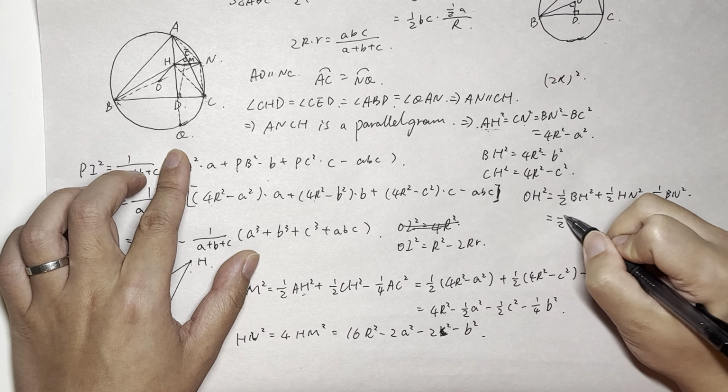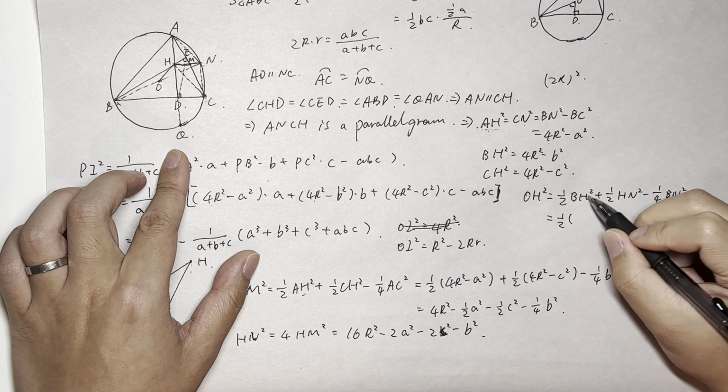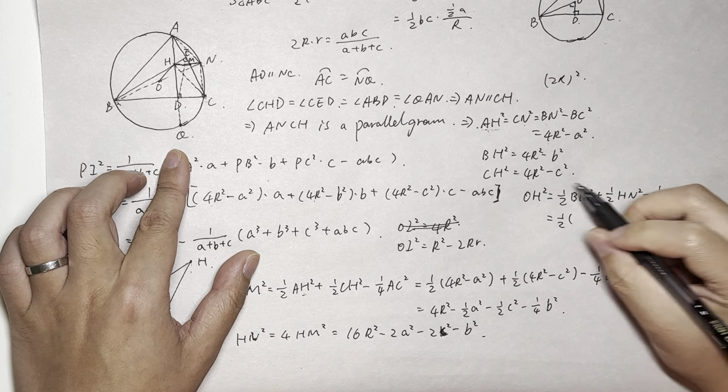Equals 2 half of, what is BH squared? That's 4R squared minus B squared, and half of HN squared. HN squared is here, right? Half of it, so that is 8R squared minus A squared minus C squared, minus half of B squared, right?